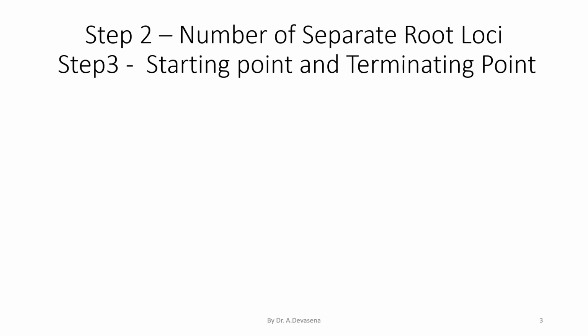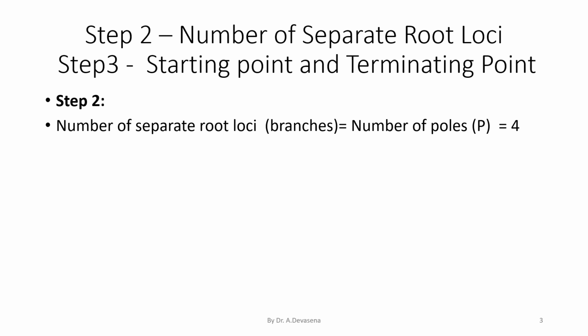Now we are going to identify the number of separate root loci and the starting point and the terminating point of the root locus. Step 2. The number of separate root loci, that is the branches: here we have 4 poles. Therefore, the root locus branches are 4.